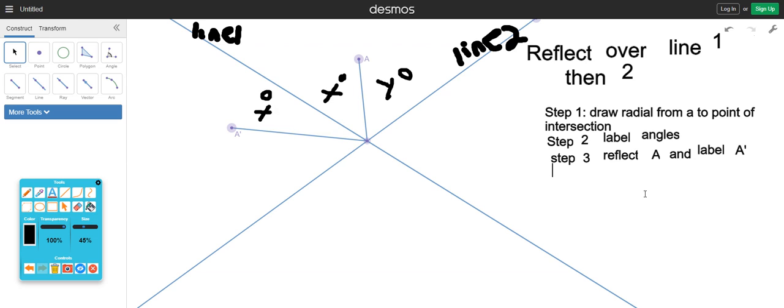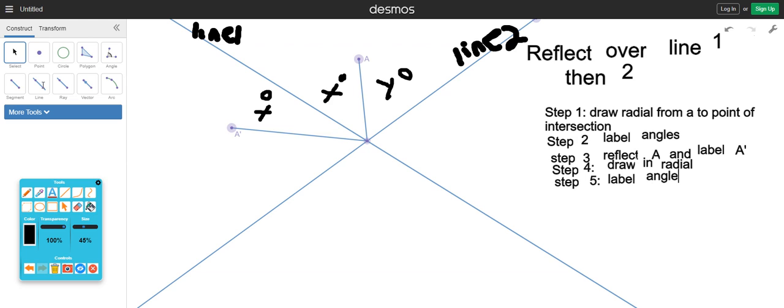So for step 4, draw in radial. Step 5, label angle.